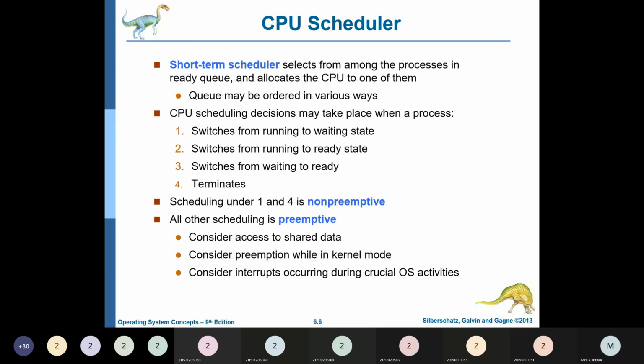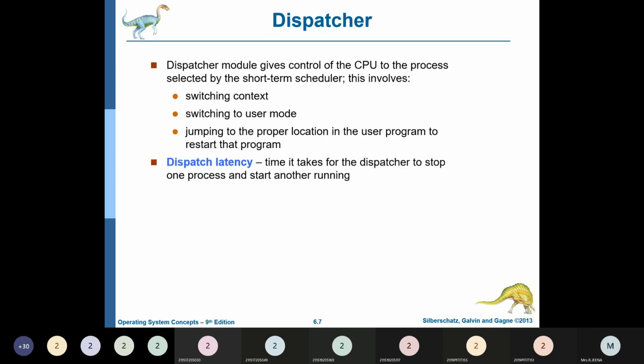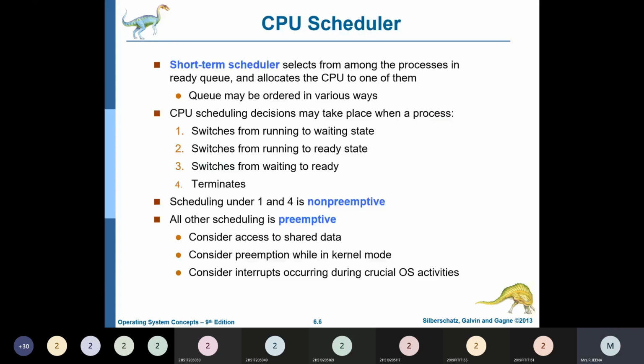And what is the difference between non-preemptive and preemptive? In preemptive, the system has the control that it can terminate a process or put it into the ready queue forcibly. But in non-preemptive, whatever the case, whether the burst time is very long or the waiting time is very long, there is no other way.